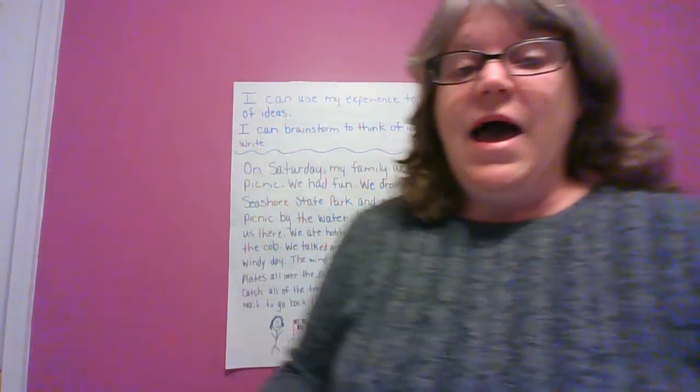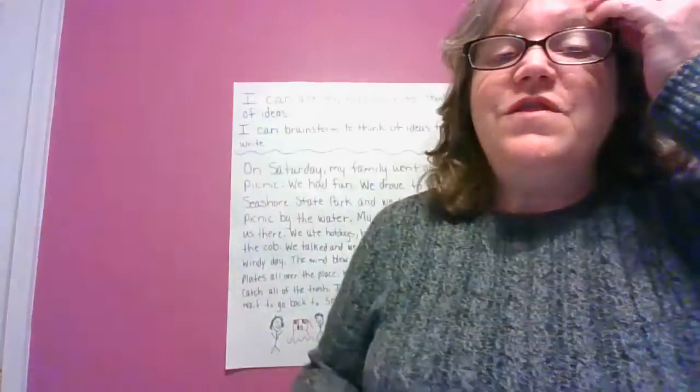So I want you to think about what you can add to your story today to finalize it, okay? At least 6 good sentences. Think about all those questions. Where were we? Who were we with? What did we see? What did we do? Okay? And then make sure that your picture or illustration matches the words that you wrote, okay?